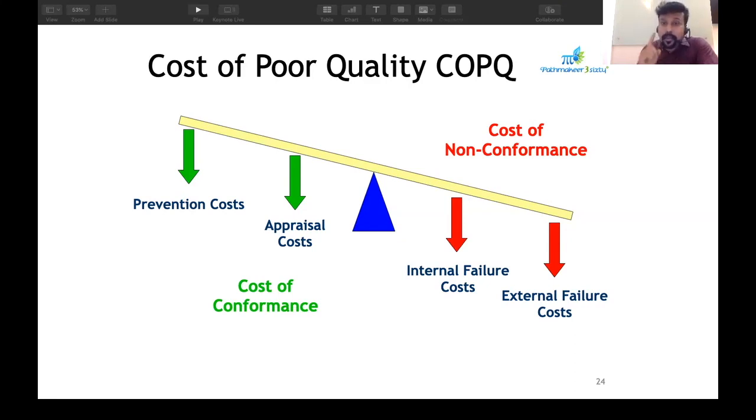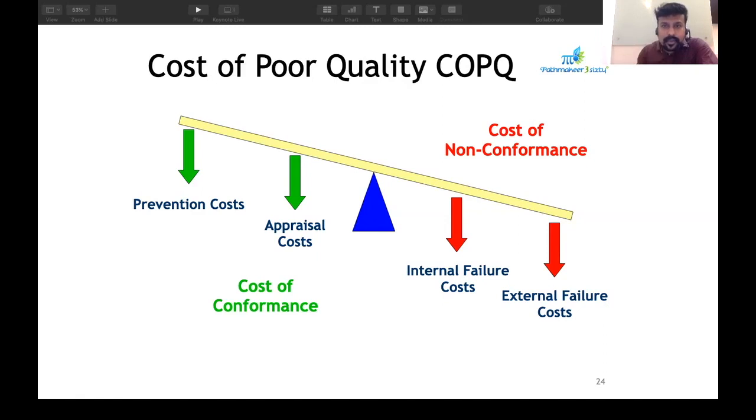Now coming to appraisal cost. Don't think about performance appraisal. Appraisal refers to inspection cost. What are the inspections happening? Audits. It could be finished product inspection or raw material inspection, any kind of inspections. Everything comes under appraisal cost.